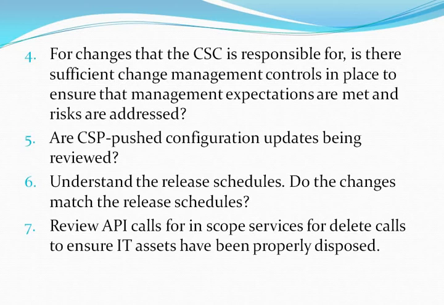Are CSP push configuration updates being reviewed? So what's happening, guys? Whenever a network threat happens or any changes need to be performed on the cloud provider's end, they push some changes, and they give notifications in advance.